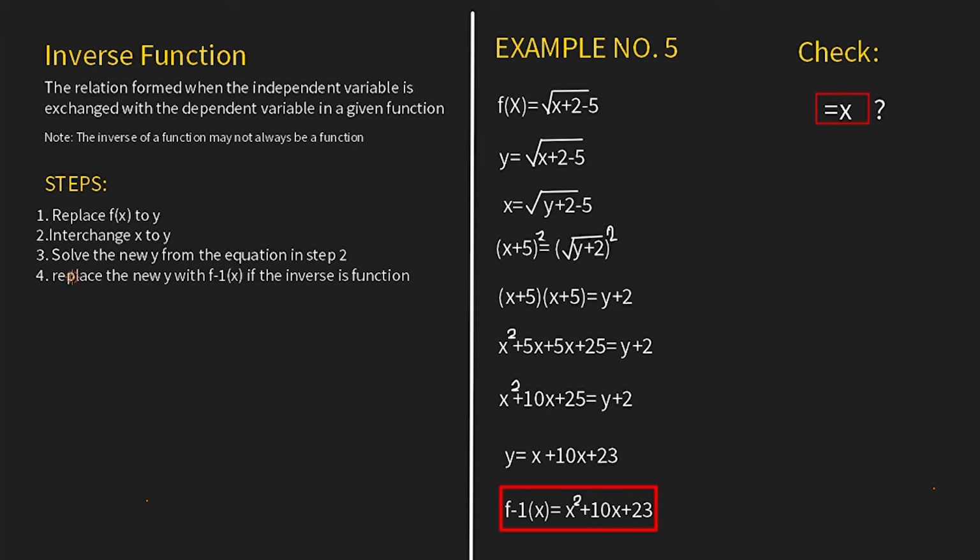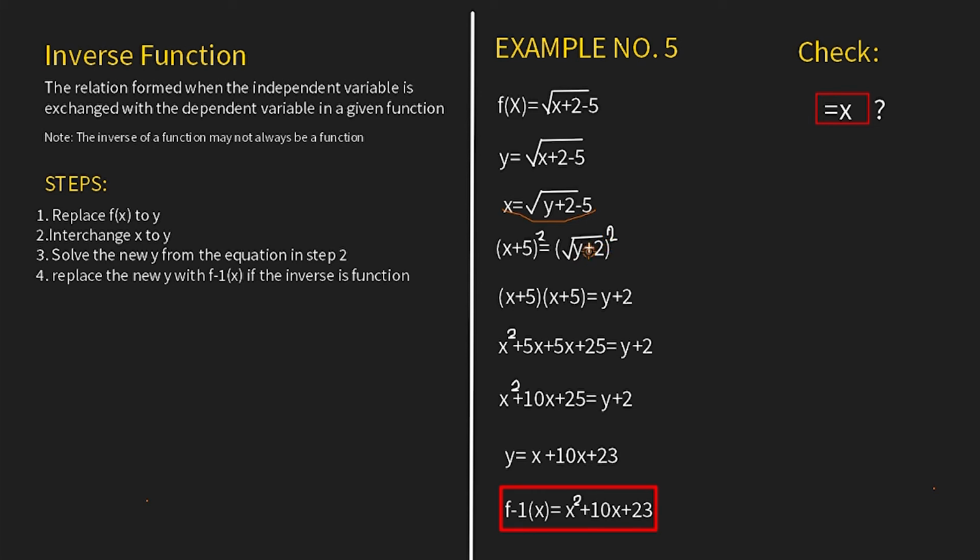Now third, we solve for the new y from the equation in step 2. So by doing that, we transpose negative 5. So we'll have x plus 5 is equal to square root of y plus 2. Now, as you can see, we still have a square root left, or a radical sign, which we need to get rid of.